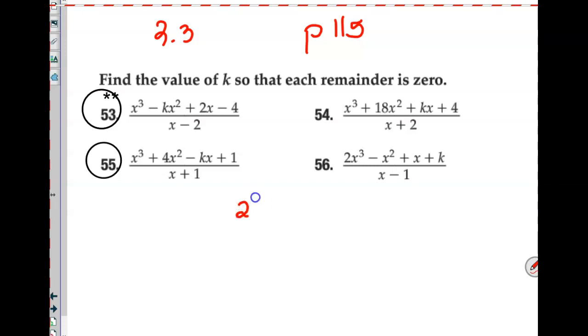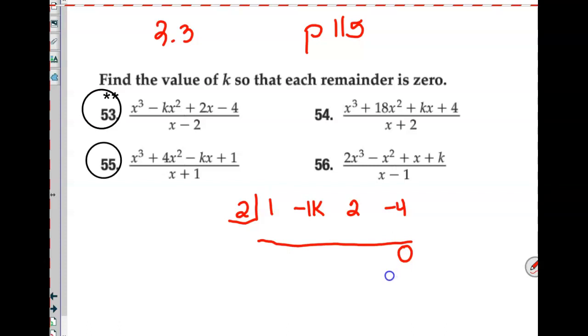So you would put a 2 here, and then what would go across here, guys? Be careful. 1. The second one would be -k. That's lovely. The next one would be 2, and the last one would be -4. Now, it's supposed to come out at the end with what? 0. This is going to be a pain in the neck.